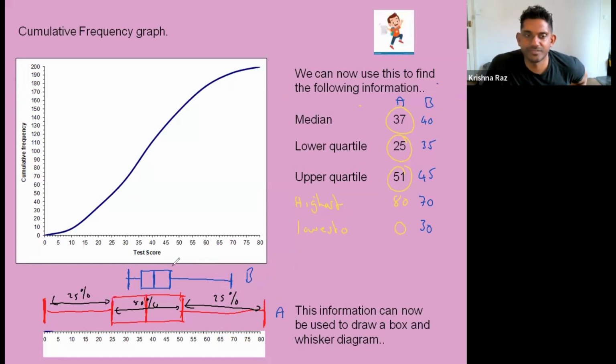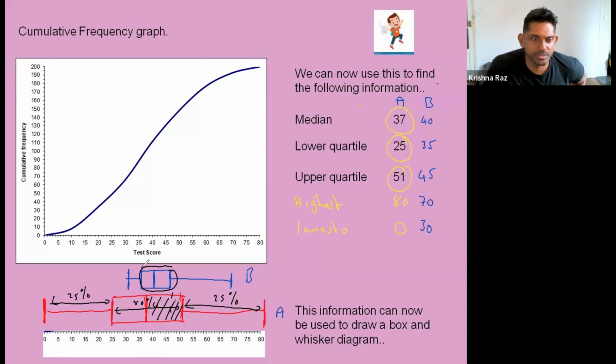But if we look at this 50%, we can see the middle 50% here probably do a little bit better, but the tail of this class is a lot closer.